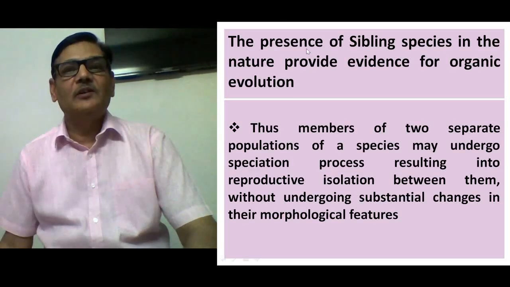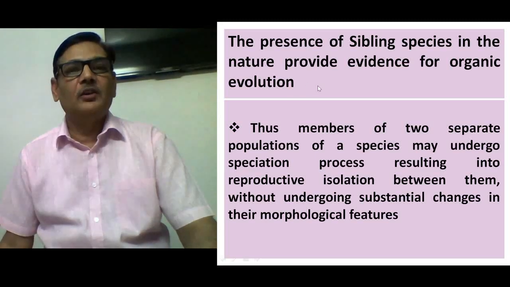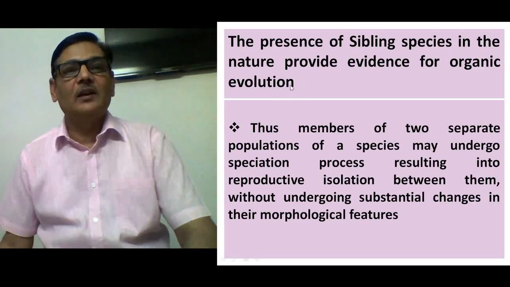Now, finally, this could be concluded that the presence of sibling species in nature provides ample evidence for organic evolution. This shows that probably a common ancestor gives rise to two different species. It means sibling species are derived from common ancestors, since they get separated geographically and accumulate enough genetic variation between them, so they become reproductively isolated. Thus, members of two separate populations of a species may undergo speciation because the populations get separated.